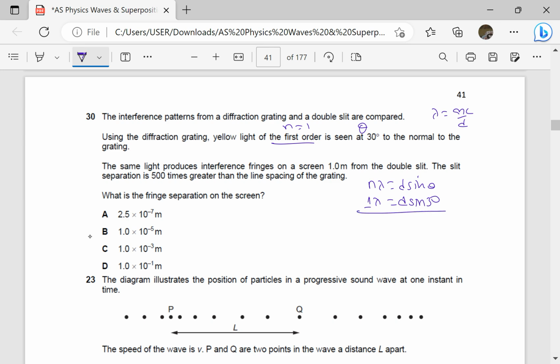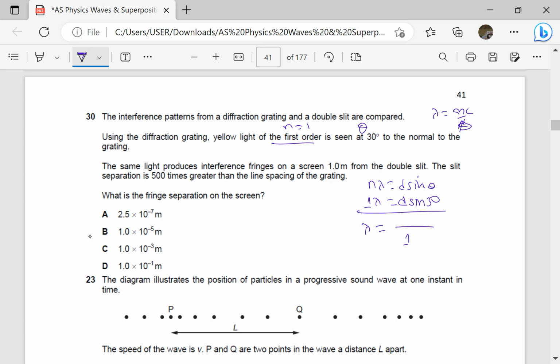Then for the double slit, the wavelength is still lambda. The same light produces interference fringes on a screen 1 meter away. So D, capital D, is 1 meter. The slit separation is 500 times greater than the line spacing of the grating.